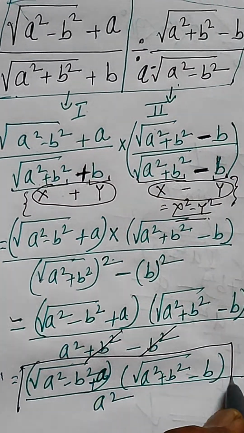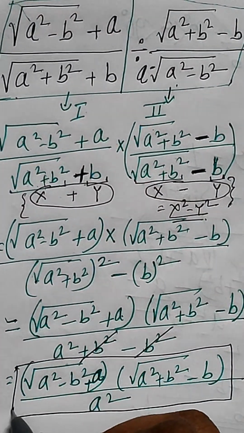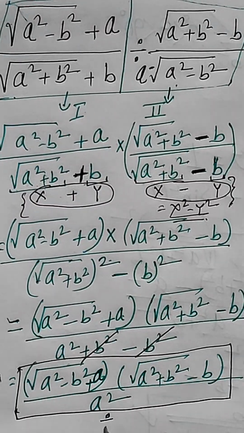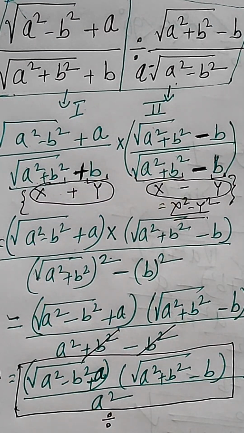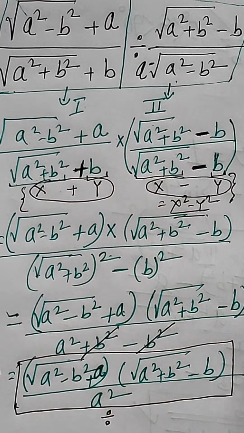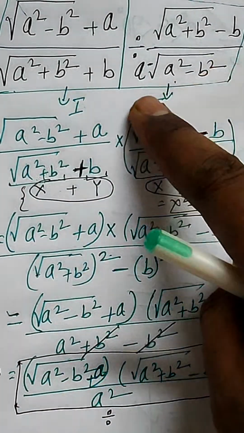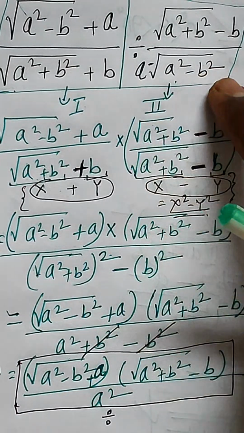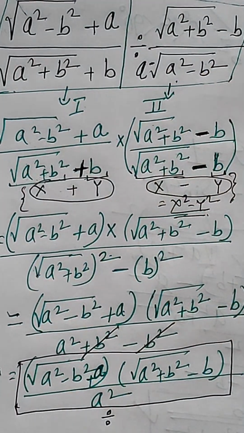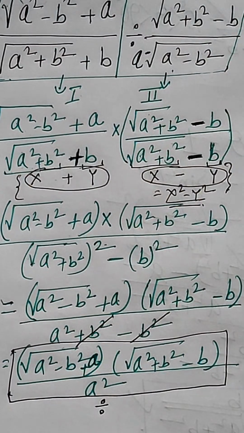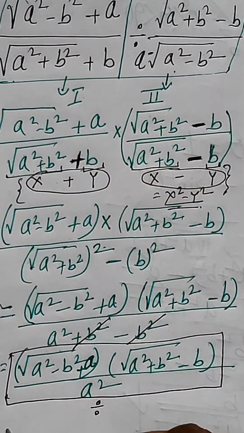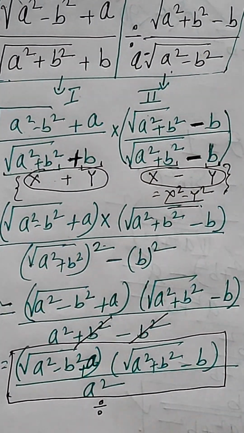This is divided by the second term. What is the second term? The second term is this one, (√(a²+b²) − b) / (a − √(a²−b²)). Let us solve the same. I'm just writing it over here first using a different color.